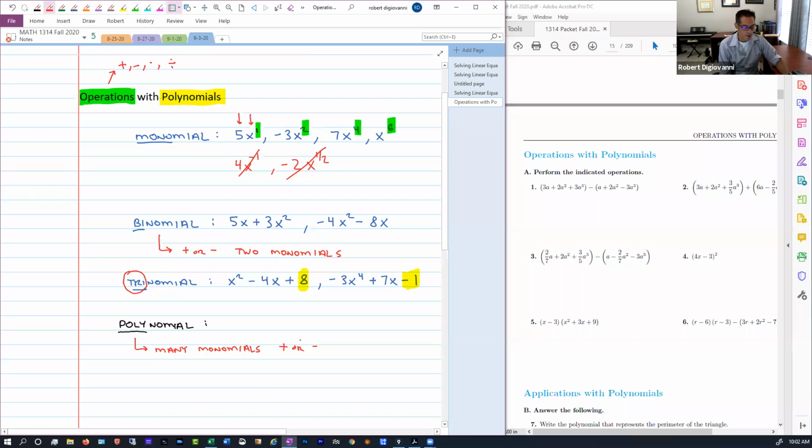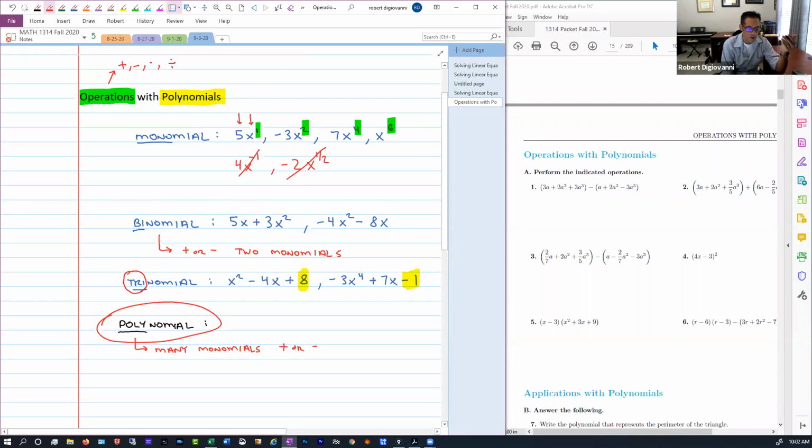So you could have a polynomial that has two monomials, or 3 or 4 or 5 or 10 or 1,000. All of those are classified as polynomials. As long as there's more than one, it's a polynomial. All right, so that's a very general idea.